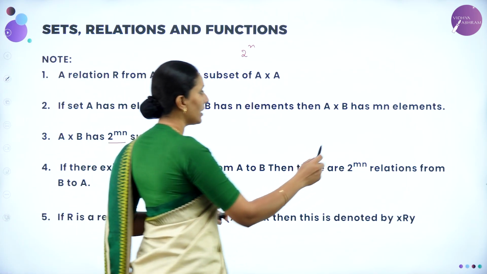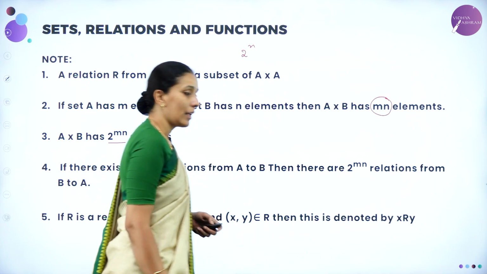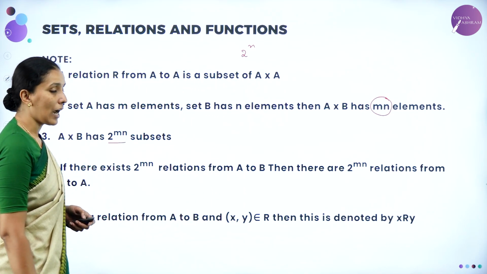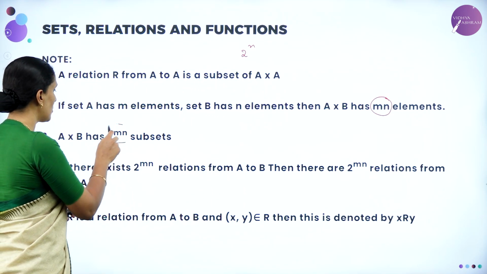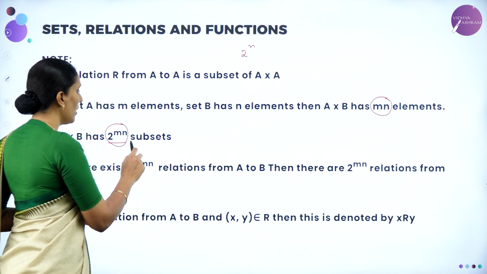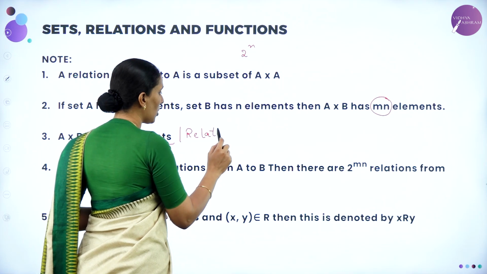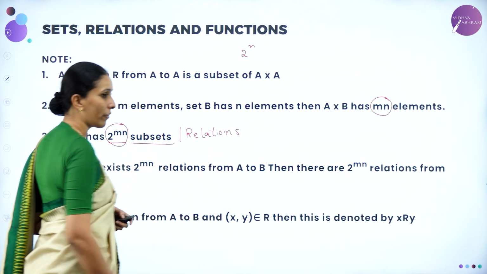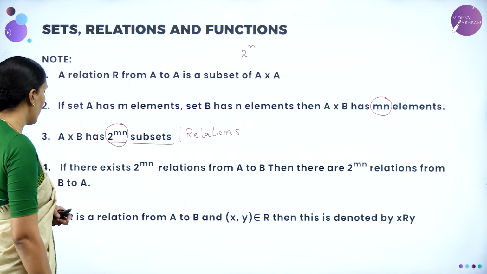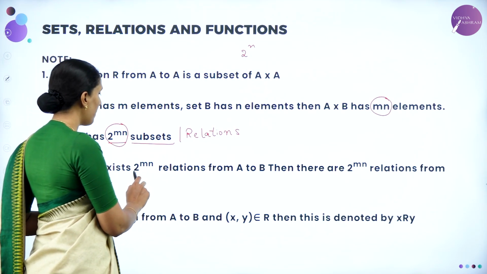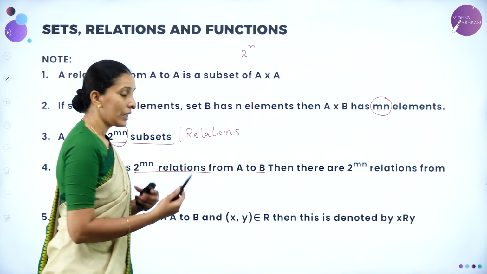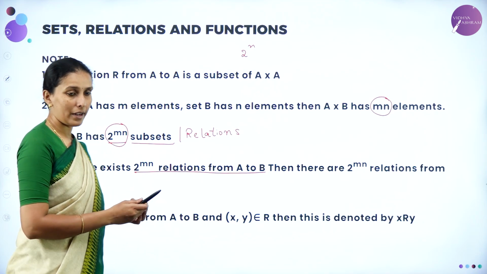Similarly, if a Cartesian product has mn elements, then the number of subsets that the Cartesian product contains is 2 power mn. Remember, the number of subsets is also nothing but the number of relations, because a relation is a subset of a Cartesian product. If there exist 2 power mn relations from A to B, then there also exist 2 power mn relations from B to A.